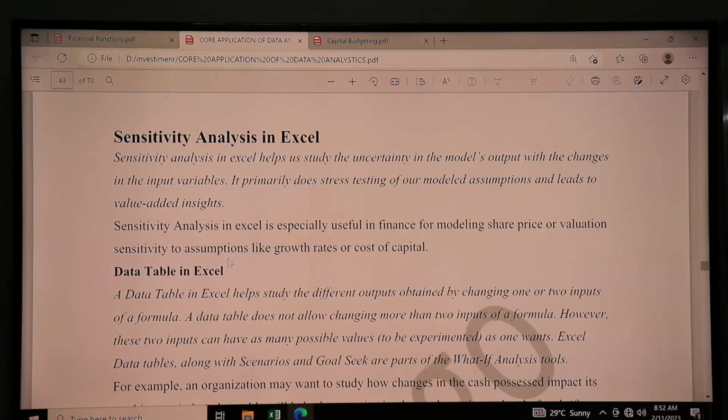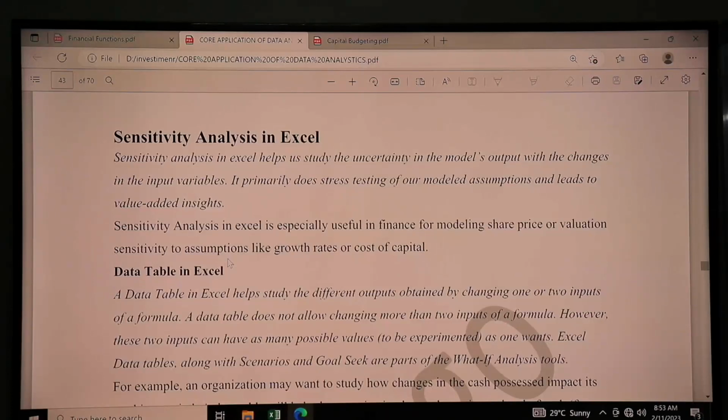That analysis in Excel will help us study uncertainty in the model output with changes of the input variables. It primarily does stress testing of the model assumptions and leads to value-added insight. That is something you can use to make decisions upon. Sensitivity analysis in Excel is especially useful in finance for modeling share price and valuation, and sensitivity to assumptions like growth rate or cost of capital.